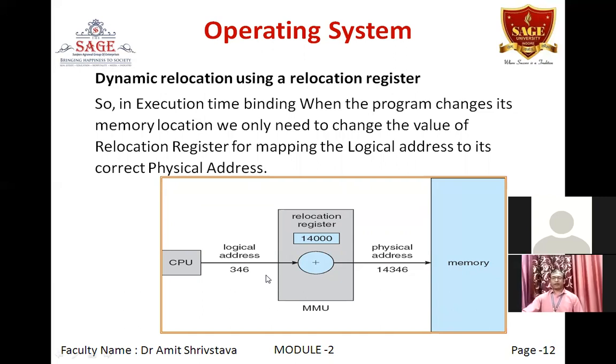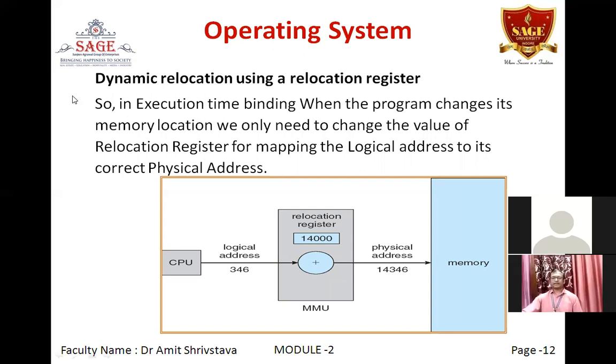We first have to map it to the physical address for execution of that statement, because in the physical memory or main memory, it might be lying somewhere else. If we say execute address 346 of my process, then the operating system needs to know where this 346th line is lying in the physical memory. Then only it will be able to access it.